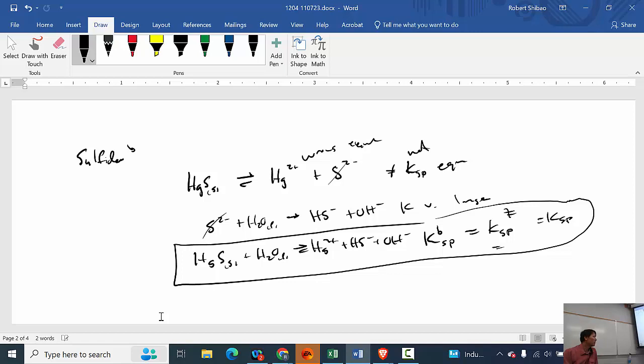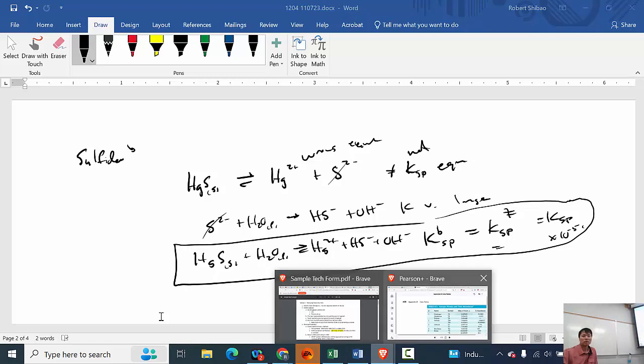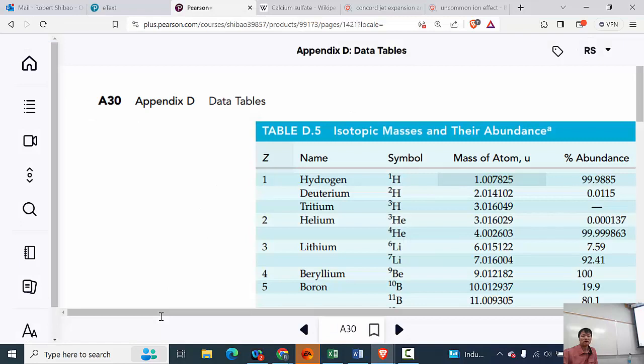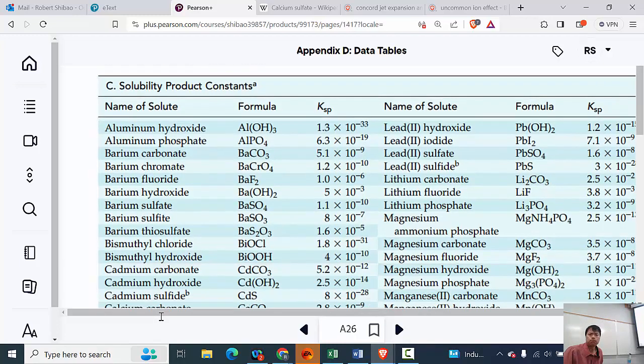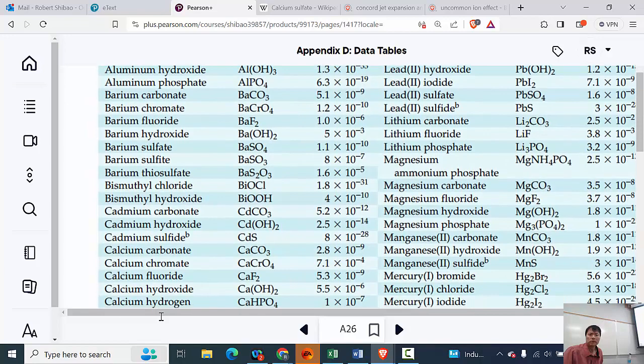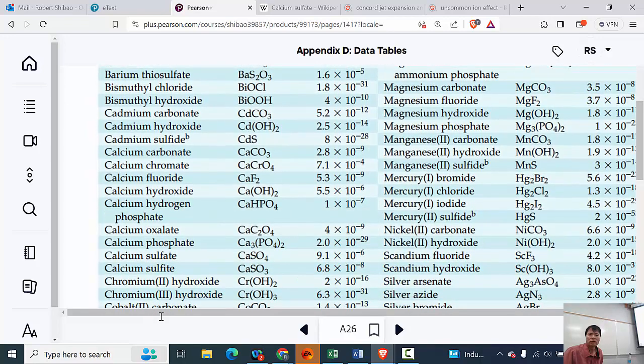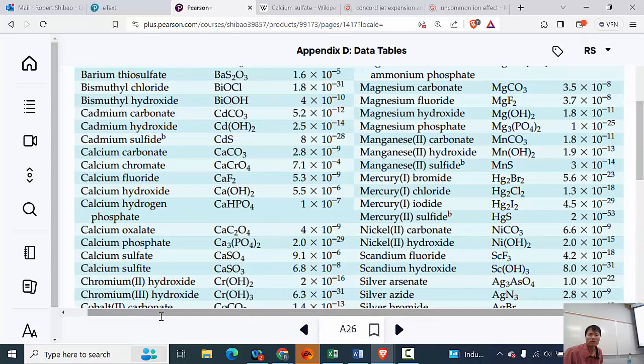And so what was that value? That was times 10 to the minus 50. What was it? Let's take a look at that value here. Okay, no, that was 26, I think. Mercury(II) sulfide, 2 times 10 to the minus 53.